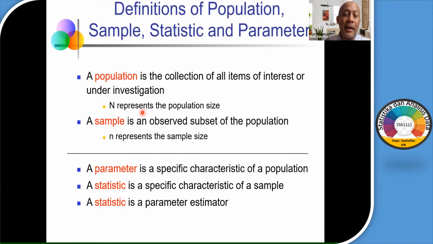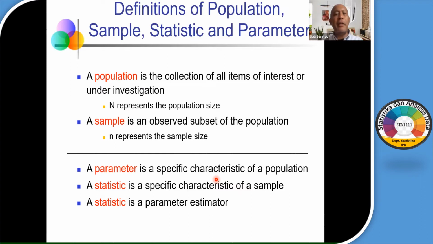And then I calculate, for example, 150,000 rupiah on average. Because I don't take the data from all of you, I just take a sample, the average 150,000 is a statistic. Without S, yeah, statistic. That means a specific characteristic of the sample.